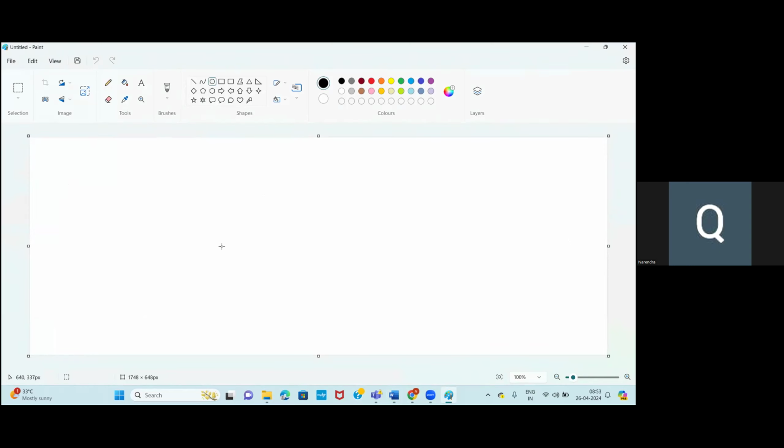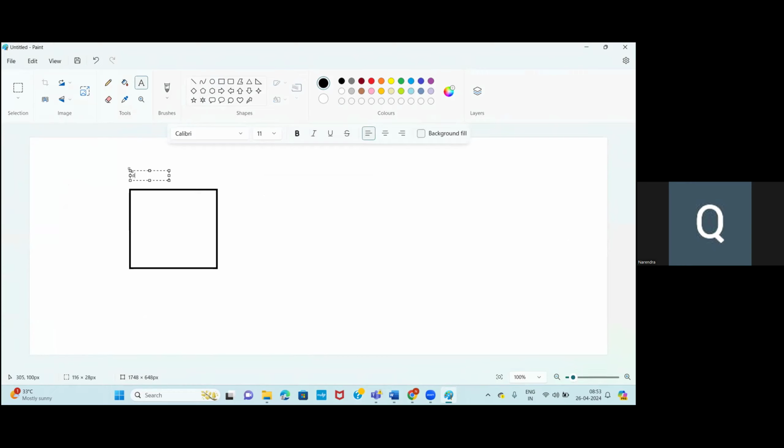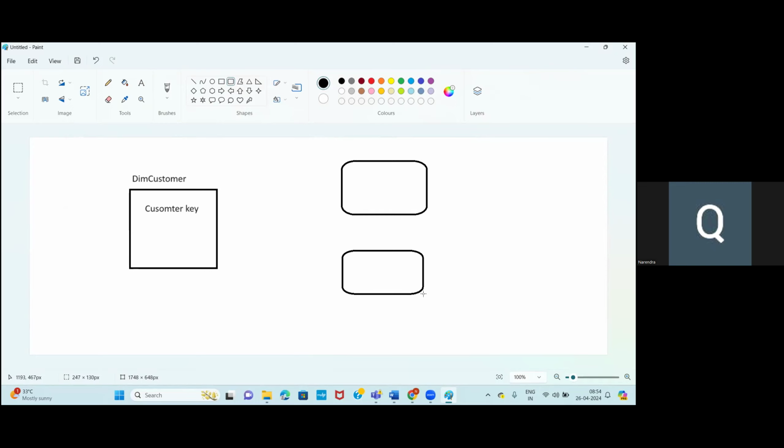Say we have a table called dim customer. In the dim customer table we will have customer key. The customer key will have a relation with multiple fact tables. Suppose this is fact sale.